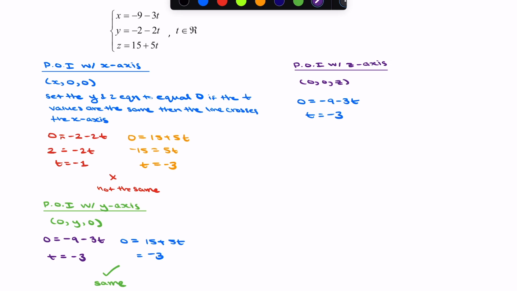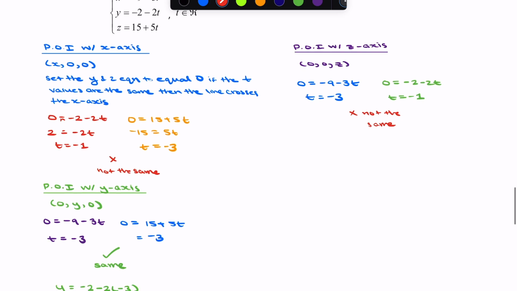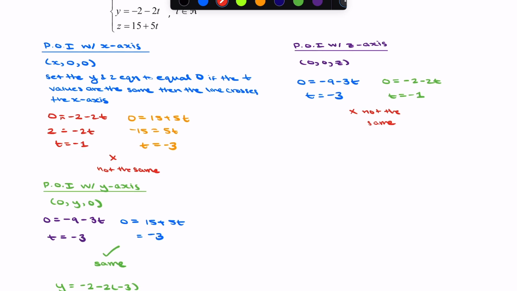And same thing for y: 0 is equal to -2 minus 2t, and t is equal to -1. These two we already found before, but just to check, they are not the same. And so, therefore, there's no point of intersection with the z-axis.